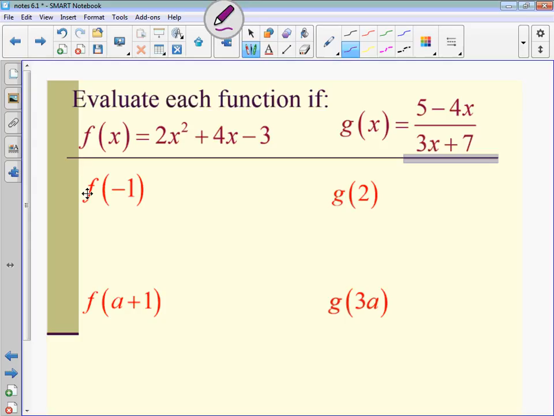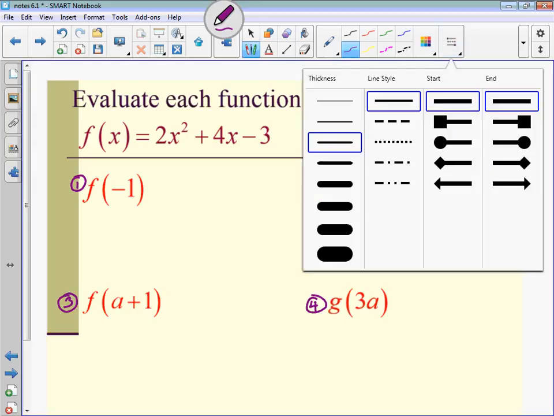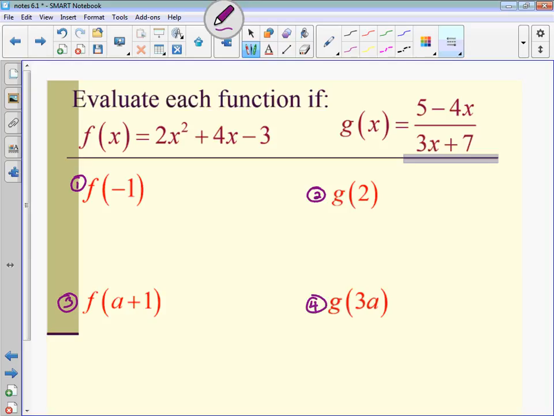So guys, go ahead and jot down the f of x and the g of x, and then your examples 1, 2, 4. Okay. No graphing, no calculator. Just write it down and then I'll walk you through.